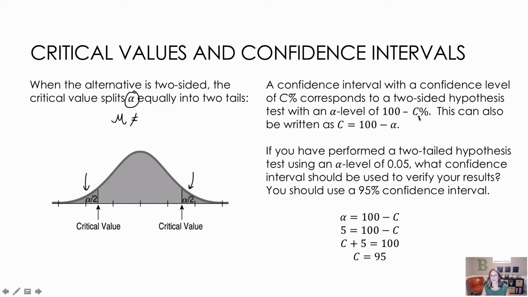This calculation is much easier because it's just 100 minus the confidence level that gives the alpha level. So if I did the two-sided test instead of one-sided, using that same alpha level of 0.05, I put alpha of 5 as a percent equals 100 minus c, and solving for c gives 95, so I should be using a 95% confidence interval to check my hypothesis.